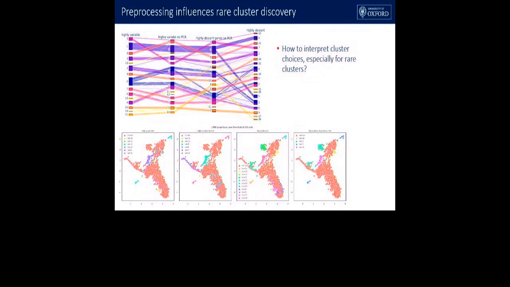So you can see that there is a difference in identified clusters, and particularly the rare clusters that are identified, which you can also see along the bottom on the UMAP projections. And then next to this, I've also included something called highly deviant genes, which have been recently proposed in literature as an alternative to highly variable ones. And again, we see these differences in identified rare cell types. So then the question is, how do we actually interpret these choices?